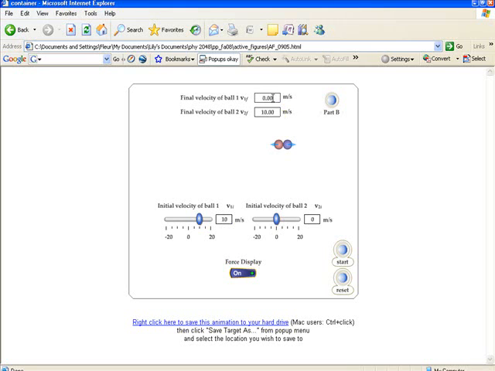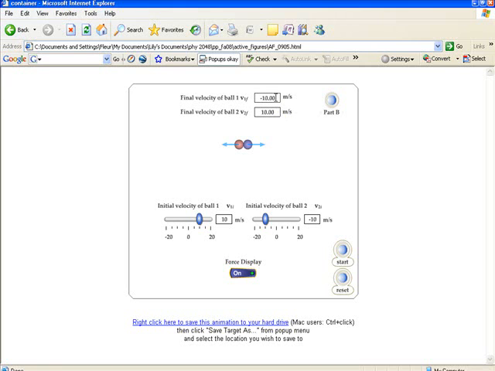After the collision, you can see now the final velocity of ball 1 is 0, but ball 2 has a velocity of 10 meters per second to the right. And if we want to adjust the value of object 2 so that we can see what happens if we have a head-on collision, so object 2 now has a velocity of minus 10 meters per second, we can see after the collision there is almost an interchange between the velocities.